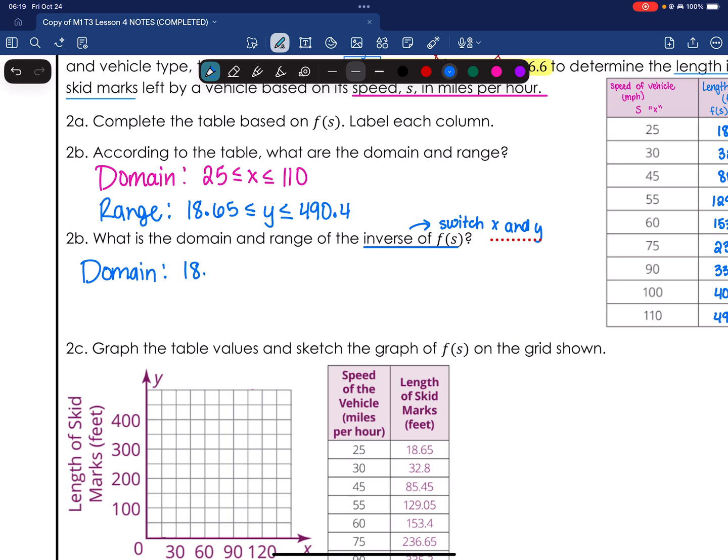But when we write the domain, we have to make sure that we use x instead of y. And then for our range, it's going to be our domain of the original function, but we have to make sure we use y instead of x.